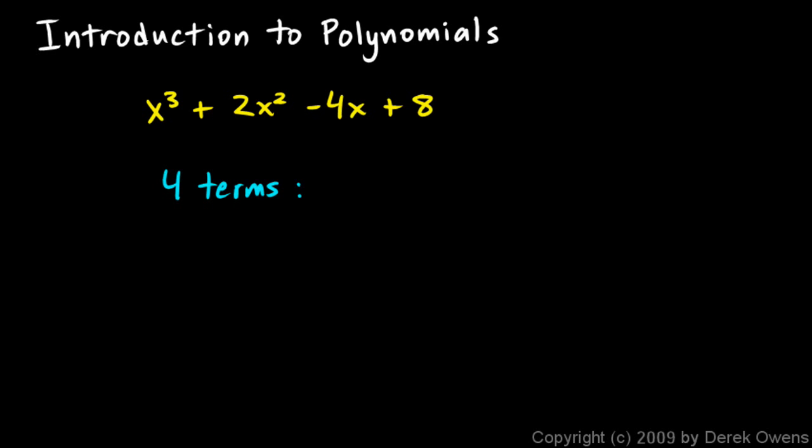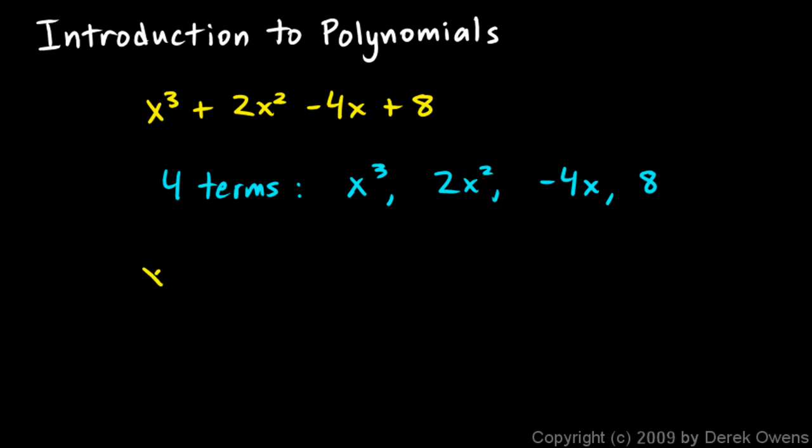And the 4 terms are x cubed, 2x squared, negative 4x, and 8. Don't forget that this negative sign is part of this term right here. And the terms can be added or subtracted. Just remember that subtraction can always be rewritten as addition.